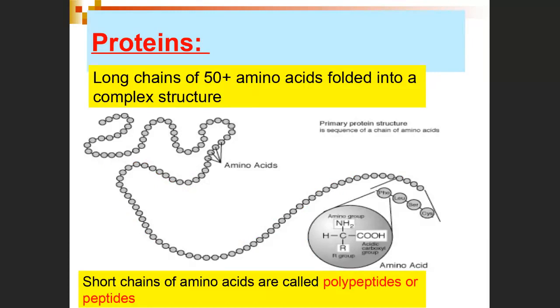They're made in the ribosomes of cells, as long chains of these amino acids put together. If the chain is more than 50 amino acids and folded into a complex structure, then we call it a protein.